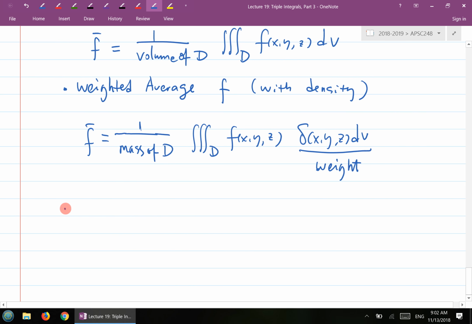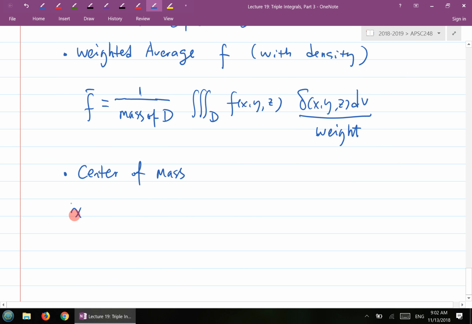Okay, so that's your third application, and then we have the center of mass. This time it's much more general because we're talking about 3D objects now instead of just a thin plate, so the formula here is more general and more useful. When you're talking about the center of mass, it's this weighted average of function f. You replace this f with x, you get x bar. Replace the f with y, you get y bar.